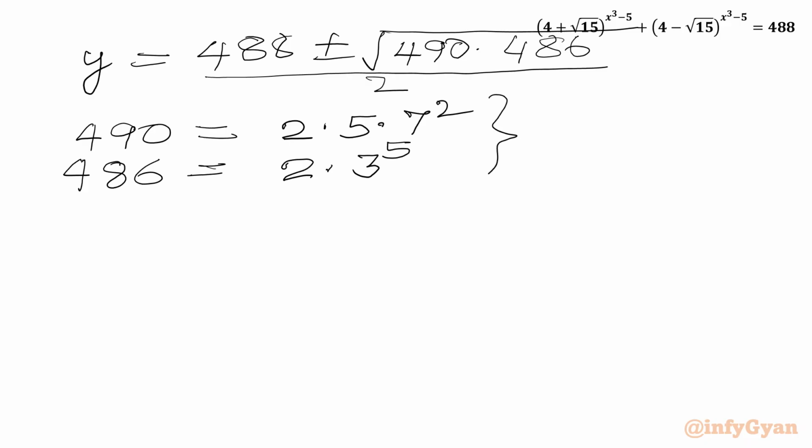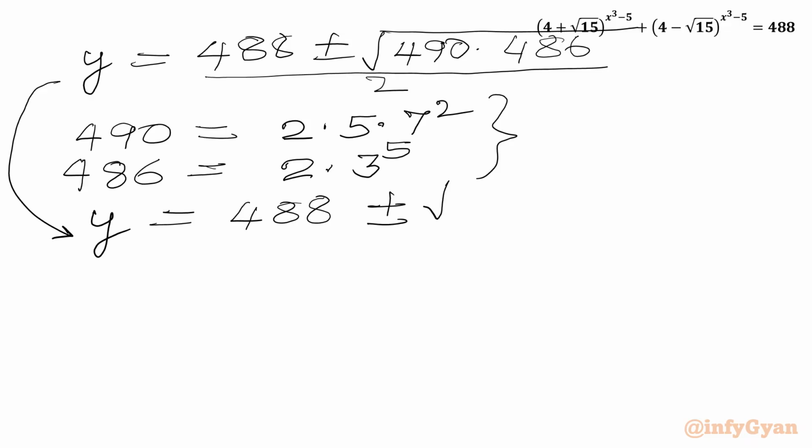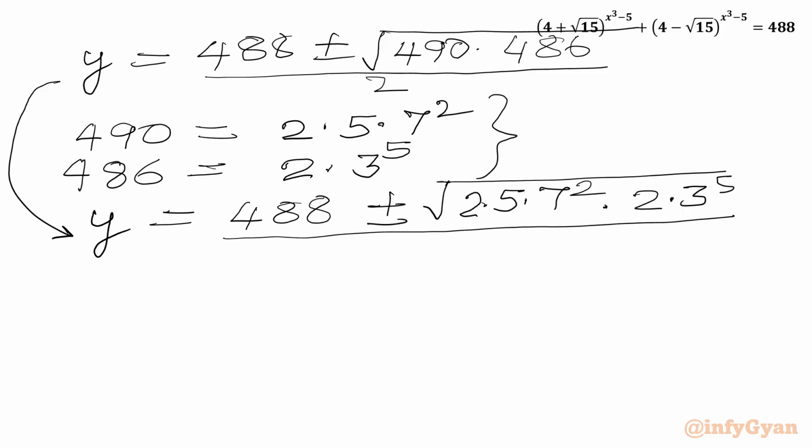Let's plug in both the values over there. We will get y equal to 488 ± √(2 × 5 × 7² × 2 × 3^5) over 2.